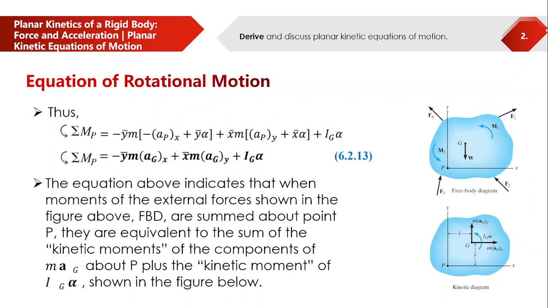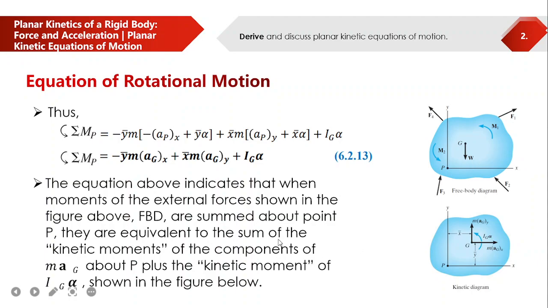This equation indicates that when the moments of external forces shown above are summed about point P, they are equivalent. This equation confirms the kinetic diagram from this free body diagram.